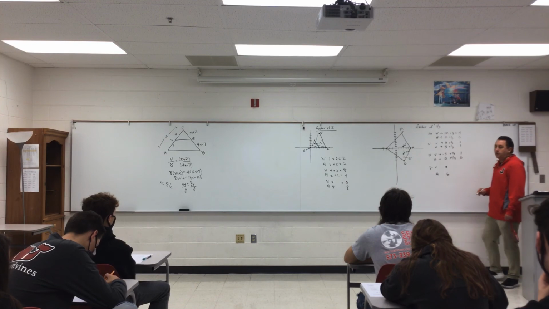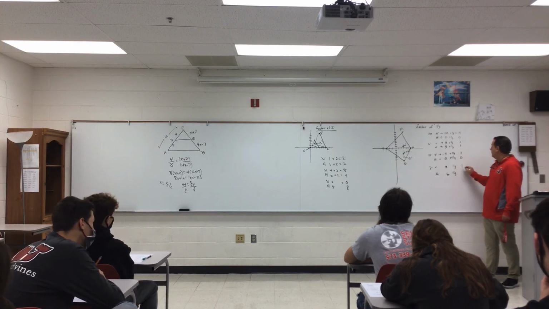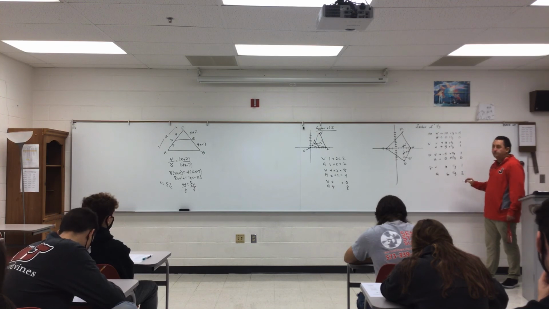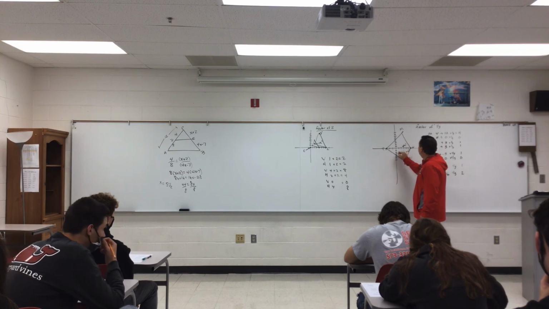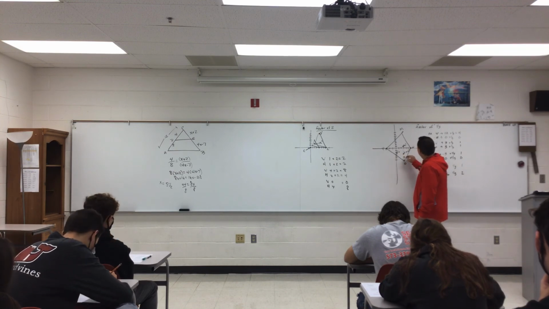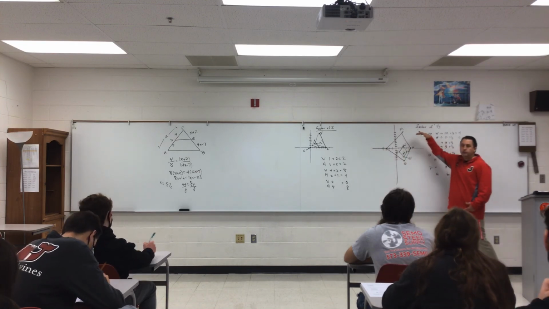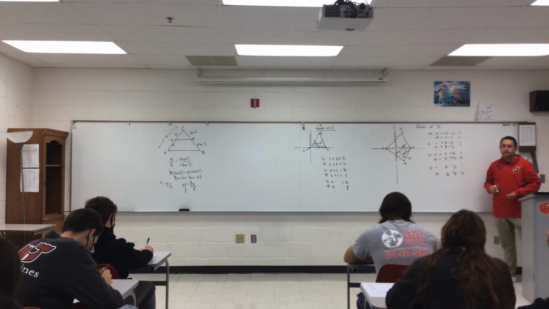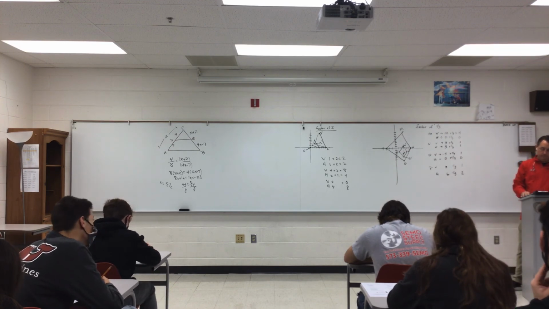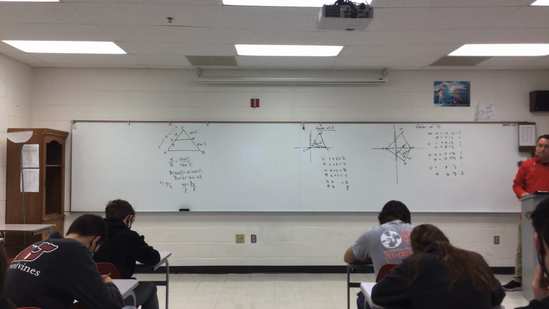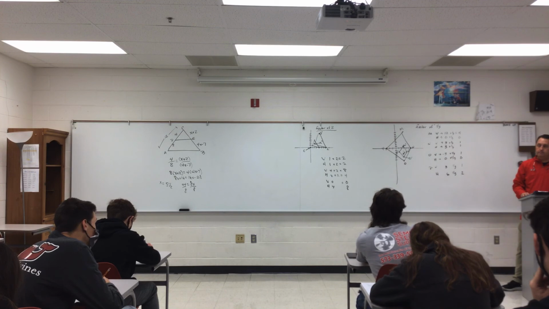If we take 1/3 of both of those, I would go up 1 over 2. Up 1 over 2 to get my P prime. And now I connect those points, and we just did a reduction. That bigger shape got smaller. That makes sense, everybody? That's not too bad, is it?